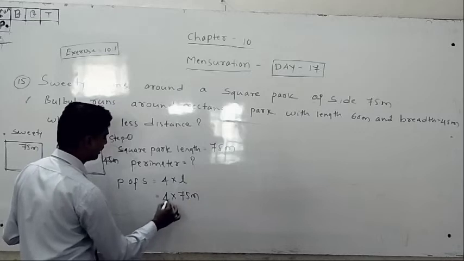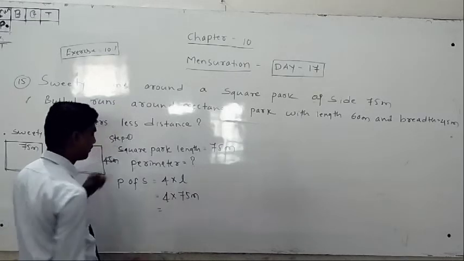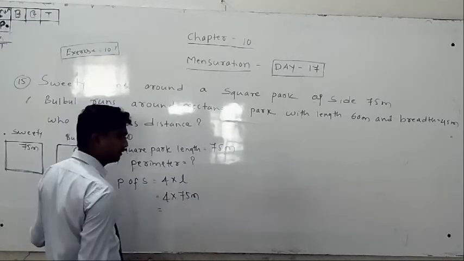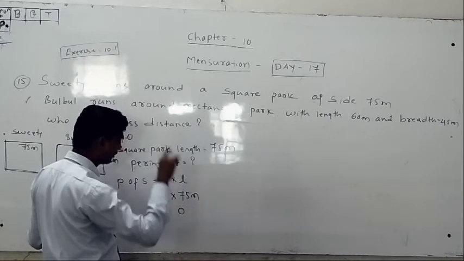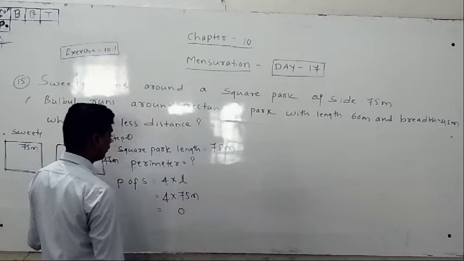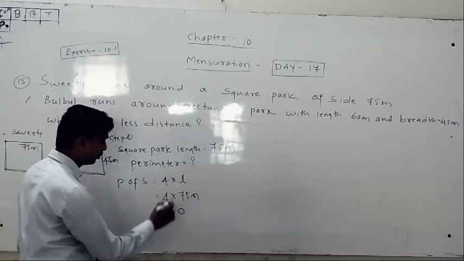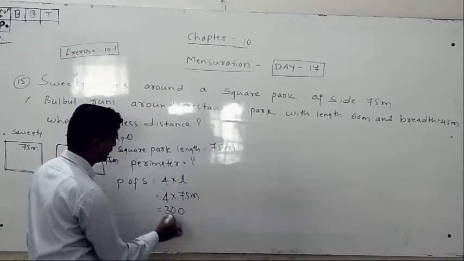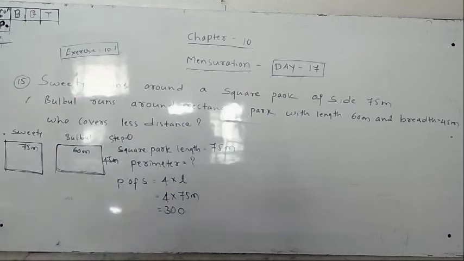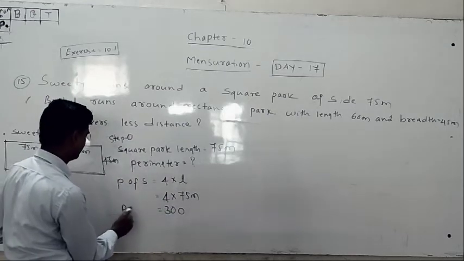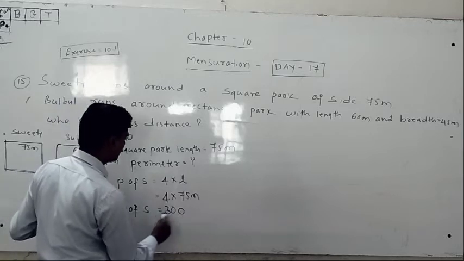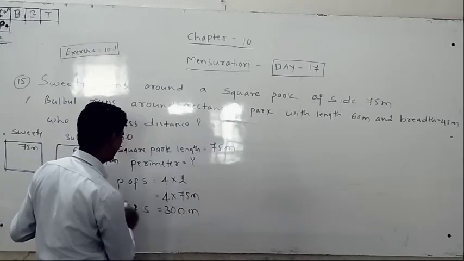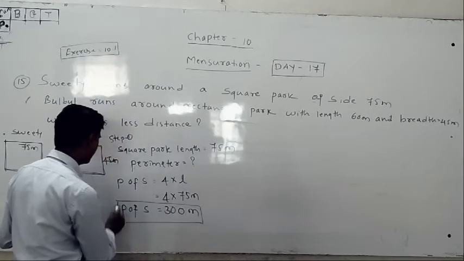Then 4 5s are 20, 2 carry, remember in your mind. 4 7s are 28 plus 2 is 30. Perimeter of S is equal to 300 meter. Okay, this is the first step answer.